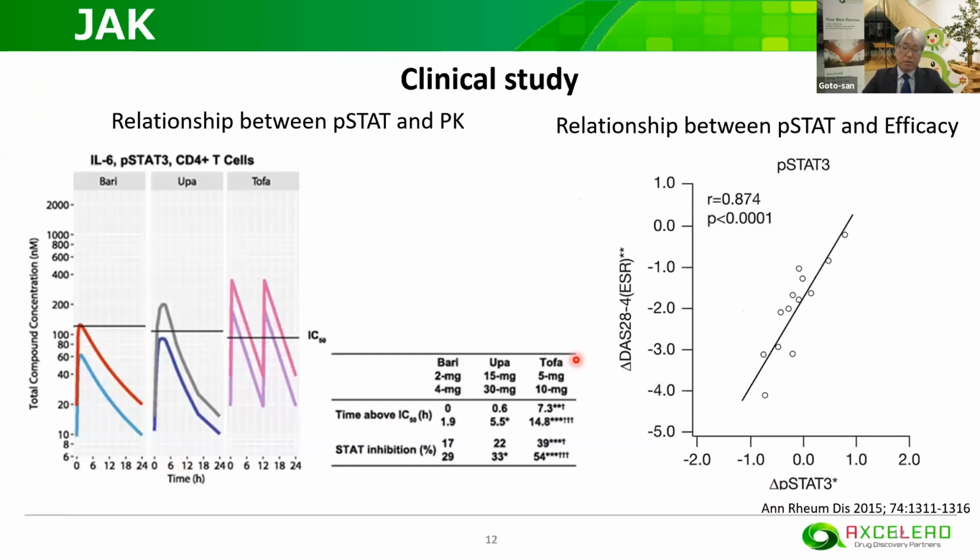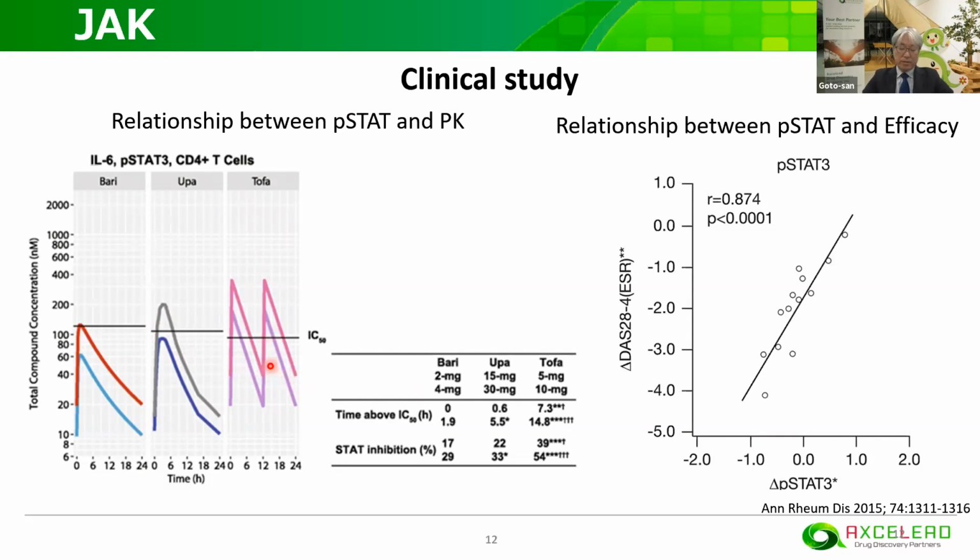This is the actual clinical data. As shown here, the effective dose of each JAK inhibitor is determined from the IC50 value for STAT phosphorylation in ex vivo studies in healthy subjects and their blood concentration of JAK inhibitor.